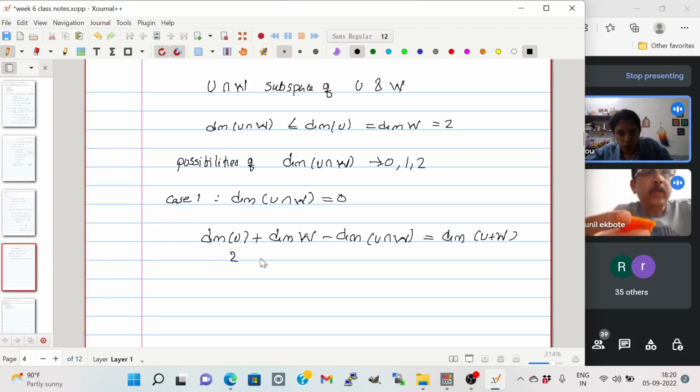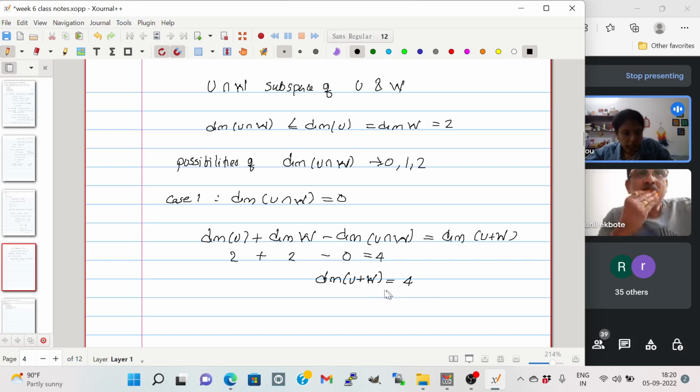Dimension of U is 2 and dimension of W is also 2, minus dimension of U intersection W, which we are assuming is 0. That means this equals 4. What it says is dimension of U plus W is 4.